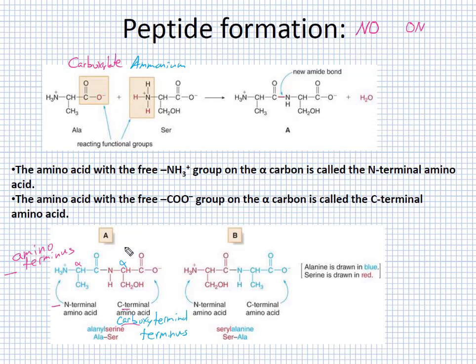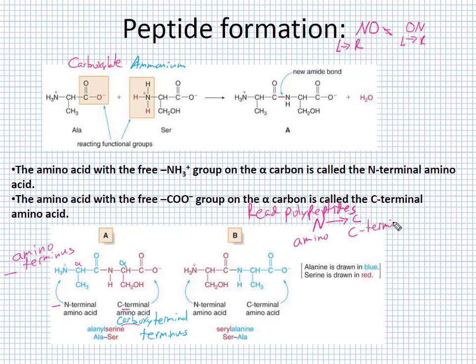So normally we read polypeptides just like we read these words, left to right, right? So NO is not the same as ON, right? We read left to right. So when we read these polypeptides, we read from the N end to the C end, from amino terminus to C terminus.